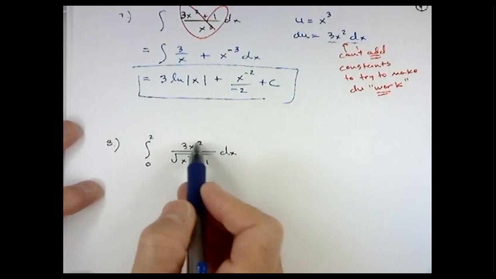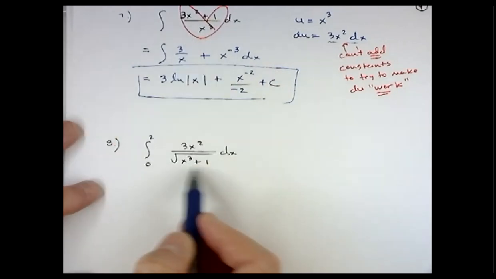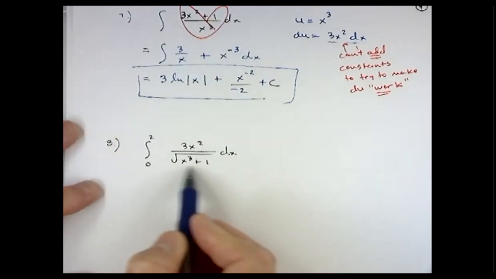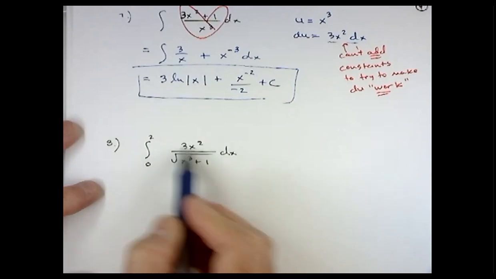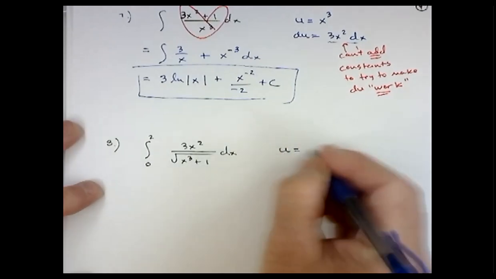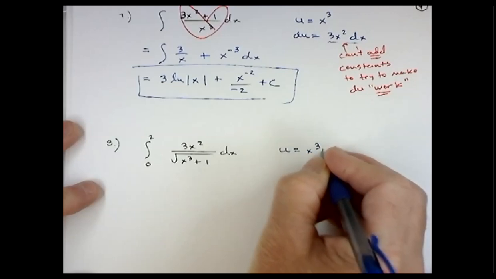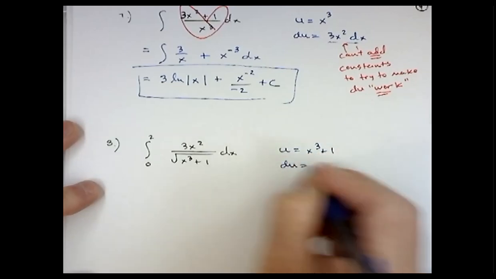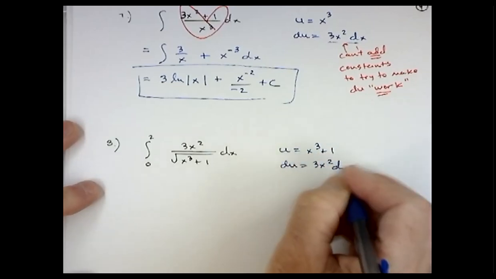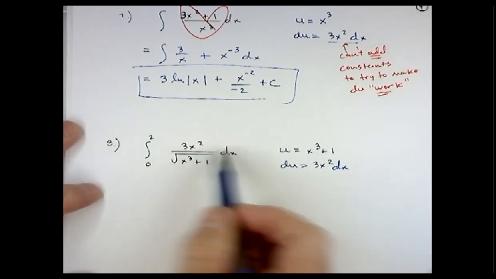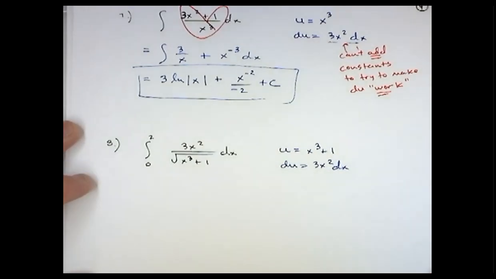Okay, now this one works out nice, huh? Nicer than the last one. Because if I let u equal the stuff under the square root, my du is exactly 3x squared. So I don't need to wish for anything, right? It's sitting right there. Those are the nice ones.